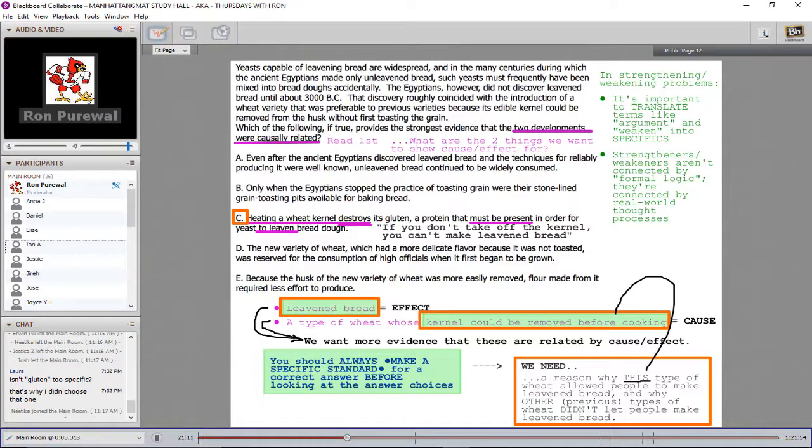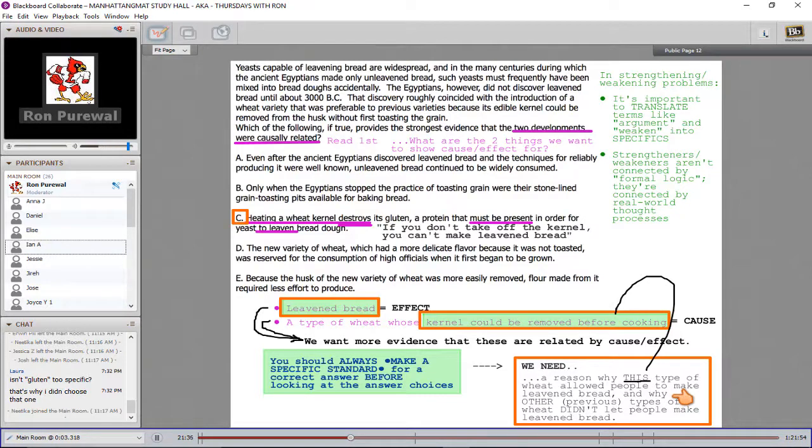So no, the gluten thing is not. I mean, that's the reason why the leavened bread is impossible, but it doesn't matter why that is. Whatever the reason is, it's going to be a specific reason, right?